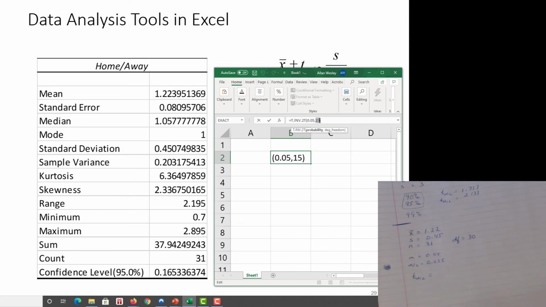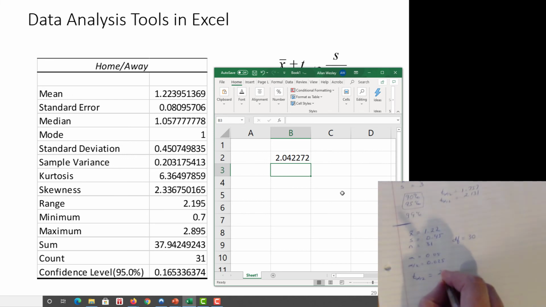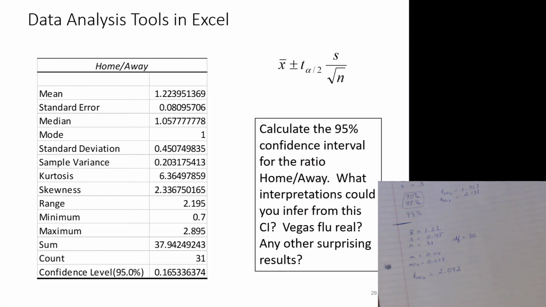Okay, remember with the command T.INV.2T, Excel automatically divides by 2 in the background, so we don't want to be dividing by 2 twice, okay? So I just leave alpha as alpha. And so I get 2.042. Okay? And you can look it up in the tables, and you'll get the same number. Let's get that out of the way.